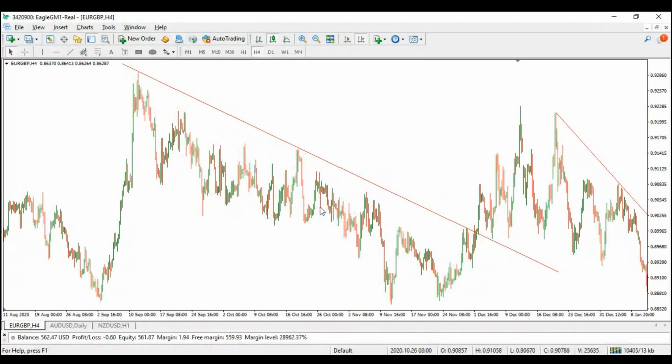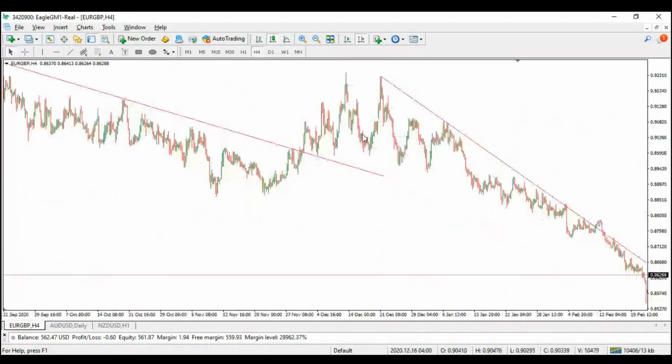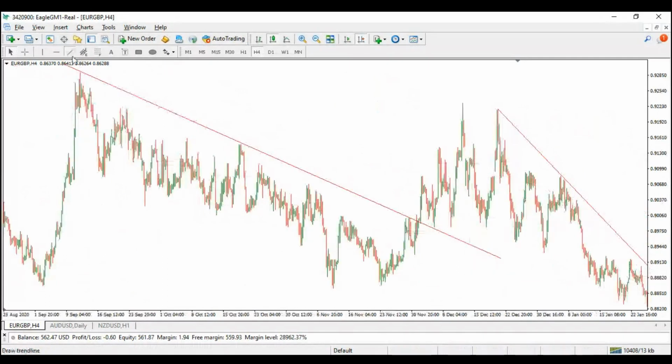That's for a downtrend. Now for an uptrend, let's use this small one right here. Every time price trades back into the trend line, you want to buy. So that's just the concept behind trend lines. That's how you draw a trend line in price.